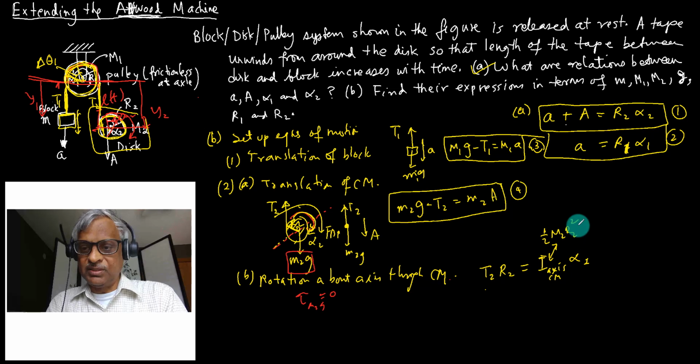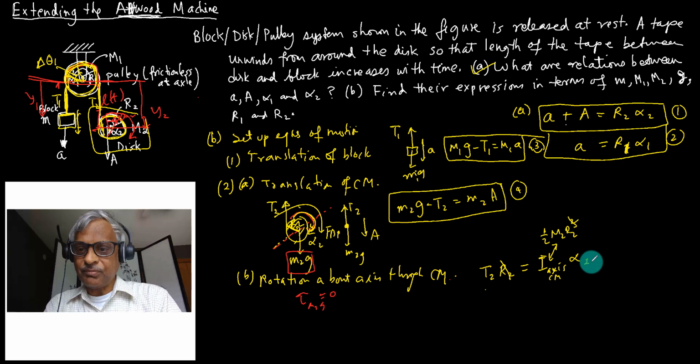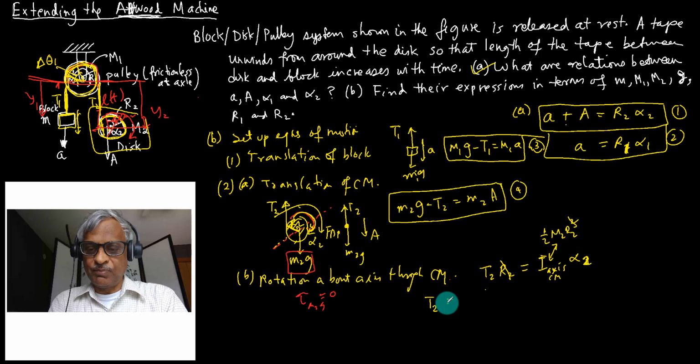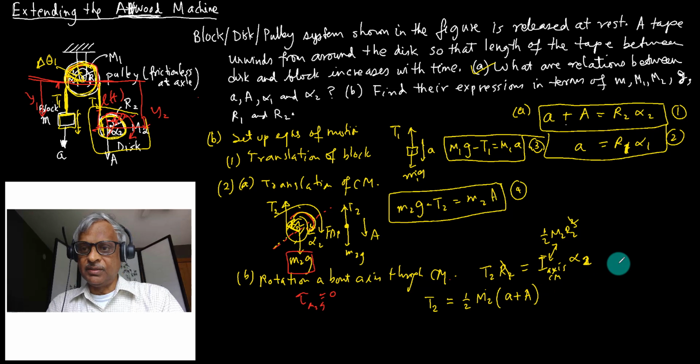So you can see that one of the R2 cancels, and R2 alpha 2 will be A plus capital A from here using 1. So this whole thing becomes T2 equals half M2 times (A plus capital A). This is our equation number 5.